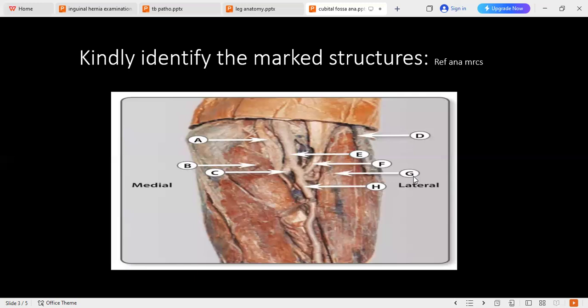Okay, you were telling me the extensors of the elbow are triceps and anconeus as well. Okay, what type of joint is a syndesmosis joint?